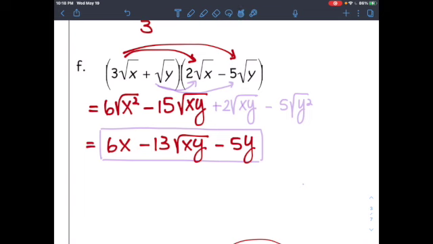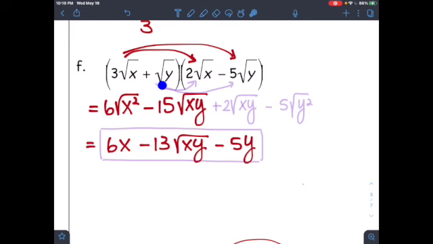So now what you have here is 3 root x times 2 root x, 3 times 2, 6. x times x, x squared. Then you have 3 root x times negative 5 root y. So 3 times negative 5, negative 15. x times y, nothing you can do, xy. And I do it again.